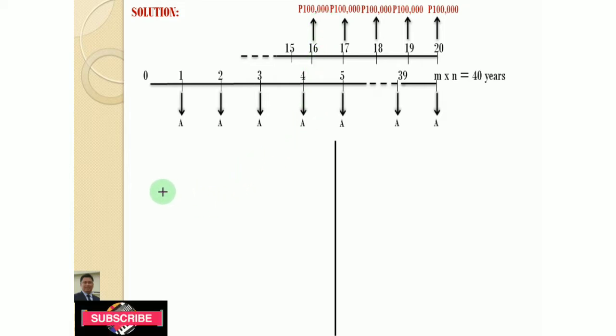Okay, so since we are dealing with semi-annual and annual compoundings, we need to determine the ERI of this annual and semi-annual compoundings.